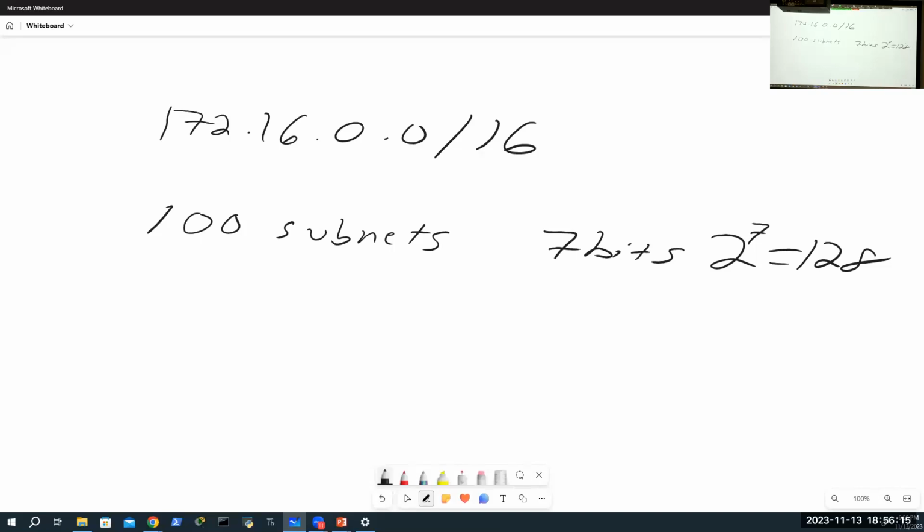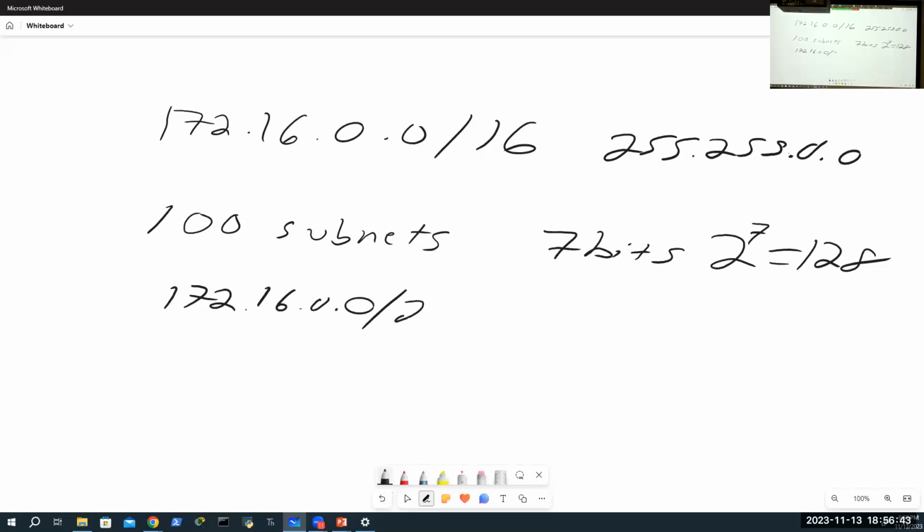So we should know that this /16 looks like 255.255.0.0. And now, after we've decided how many bits we need, we're going to rewrite our network ID, and our new prefix is /23, because the 7 bits added to this original 16 gives us 23.